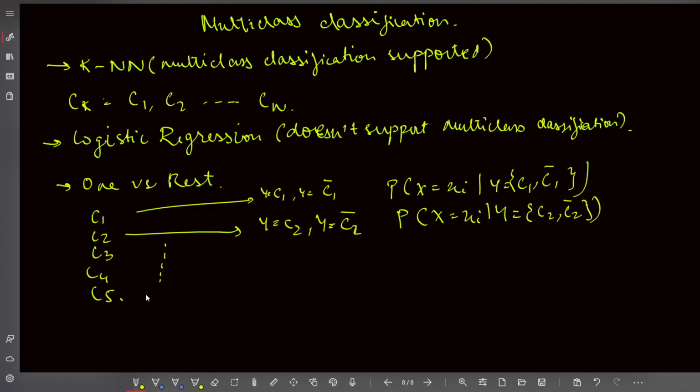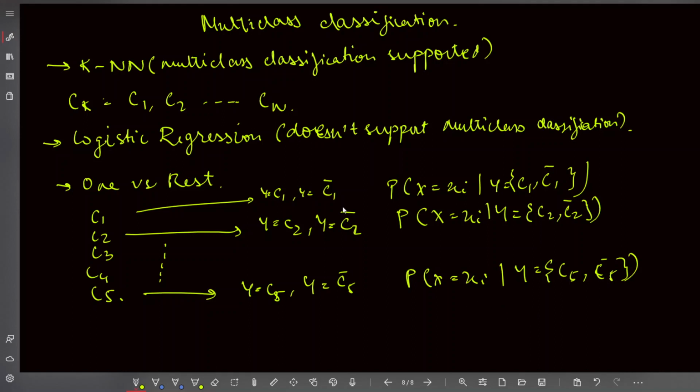Similarly, we'll do this all the way till the last class, which is y equals C5 and y equals not C5, and I'll find the probability of x equals xi given y equals C5 and not C5.